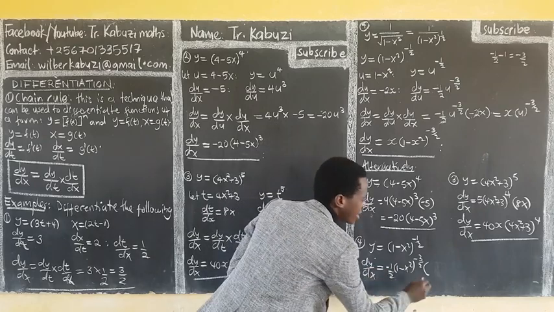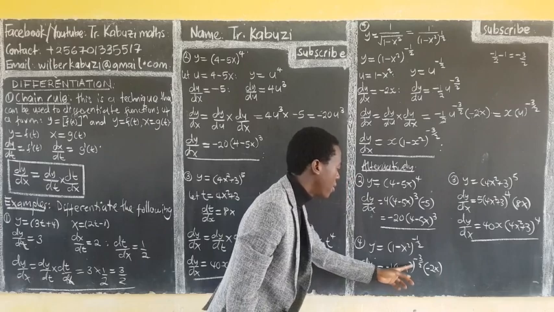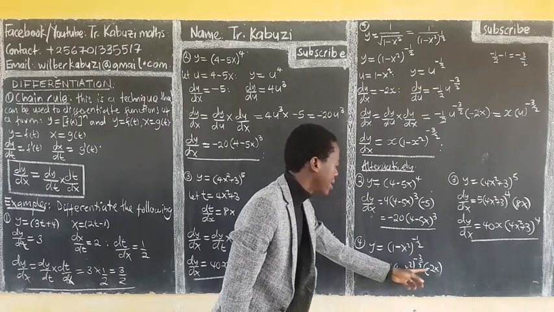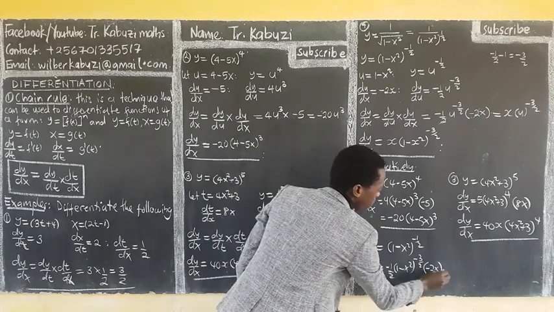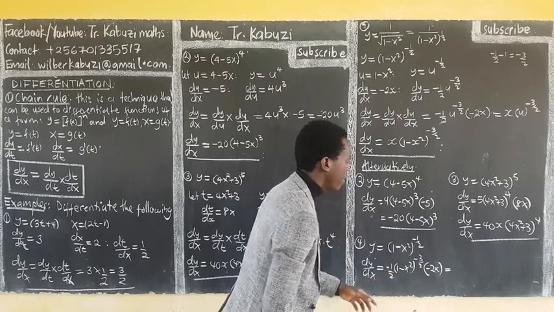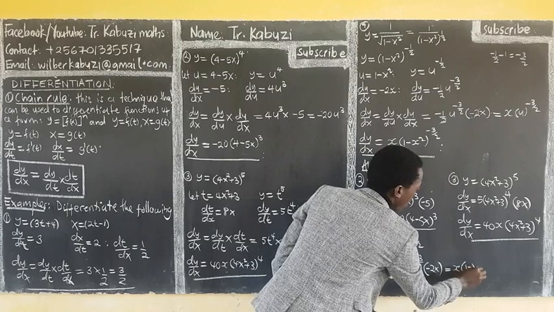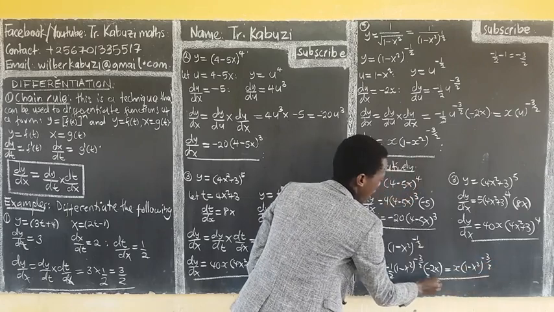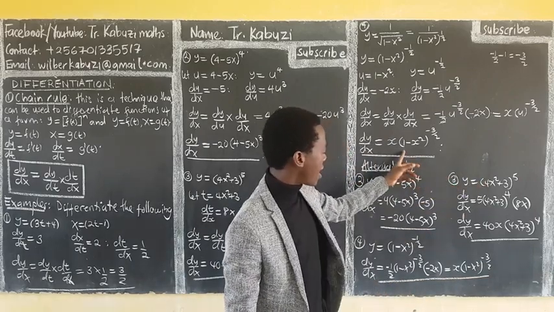You get negative 2x because the 1 will be 0. Now this negative and this negative, so this 2 and this 2 will cancel. So we have a negative and a negative, which is a positive. Then this will be x times (1 minus x squared) power negative 3 over 2. And when you look at this, you see it's the answer we had there.